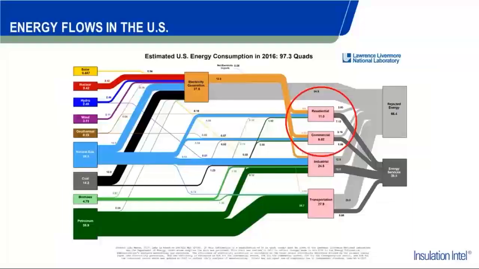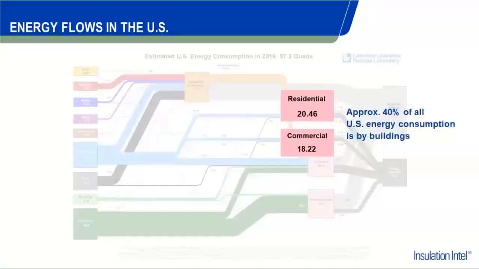You may recognize this chart as something very similar. It is definitely worth reviewing to set a precedent for this presentation. With the energy that is produced in the United States, the consumption just by buildings alone is roughly estimated to be around 40 to 45%. If we look at the breakdown, residentially the energy consumption is a little over 20%, and commercially a little over 18%.